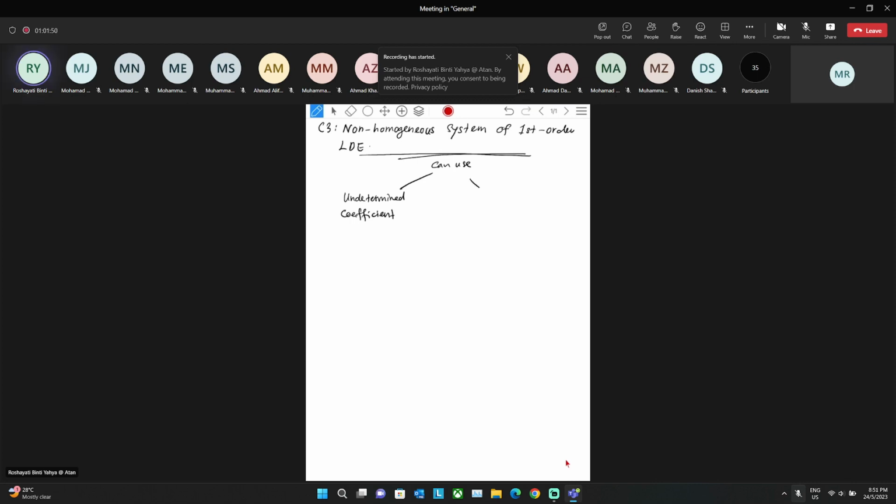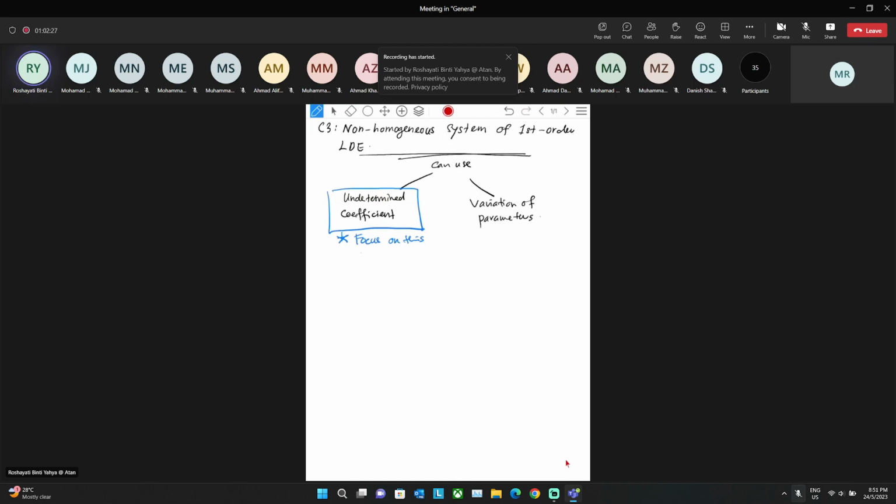And the second method is variation of parameter. But we just focus on this only. Right?